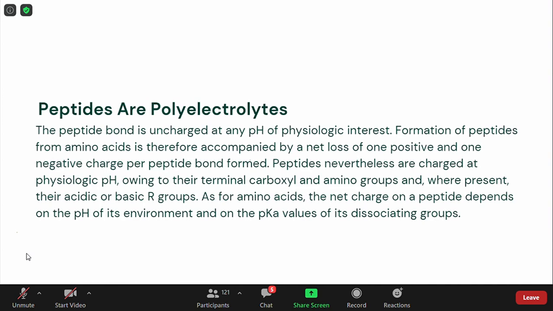What are electrolytes? Ions. What do you put into the battery of your car? Ions. Electrolytes. That's electrolyte.